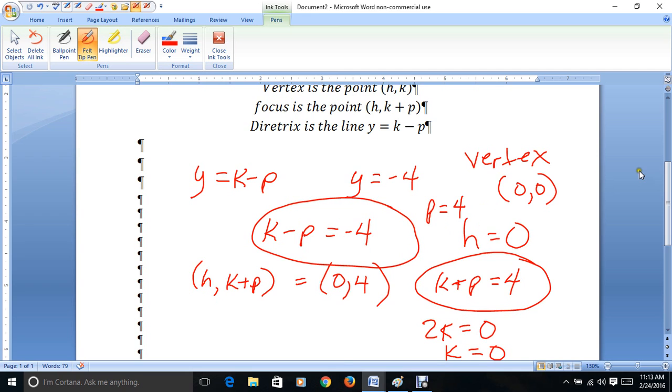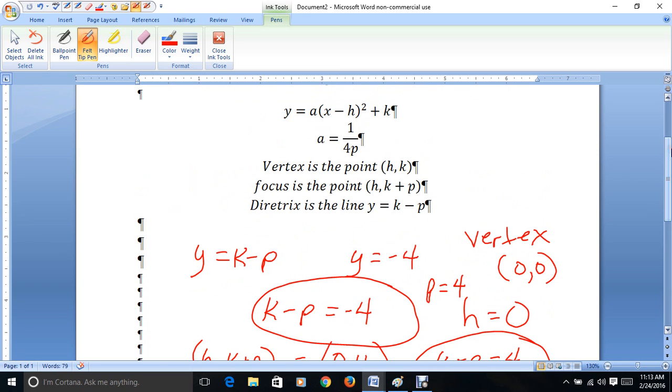Alright, so that will help me write my equation because a is 1 over 4p. So a is 1 over 16. So for my equation, I know h is 0, k is 0, so all that stuff is going to go away. I'll just have a x squared, and I know that a is 1/16.